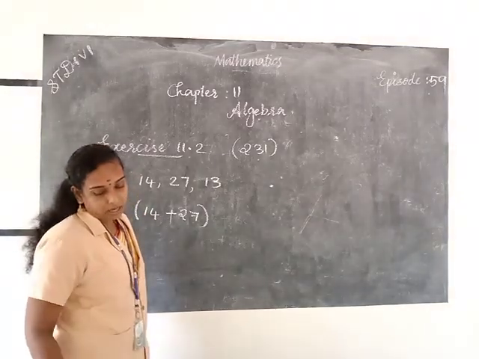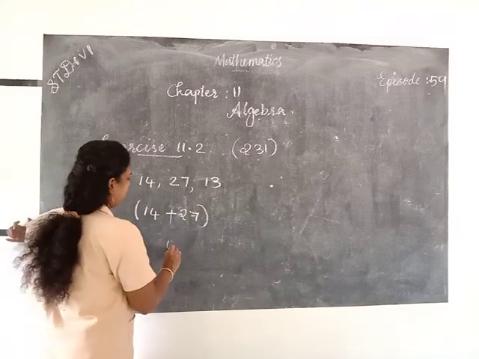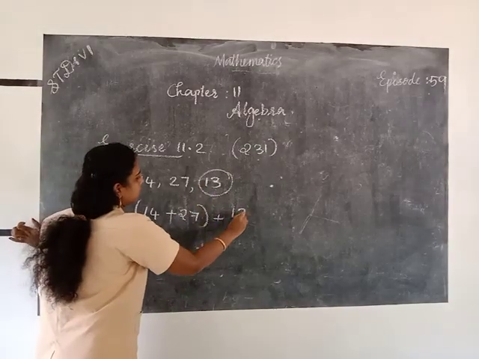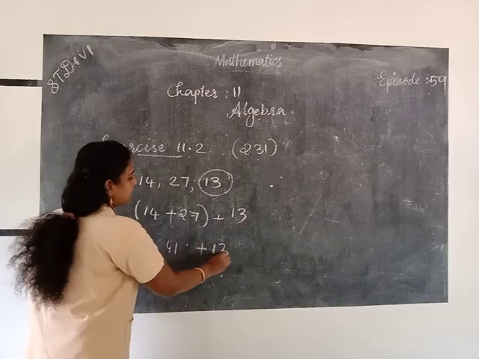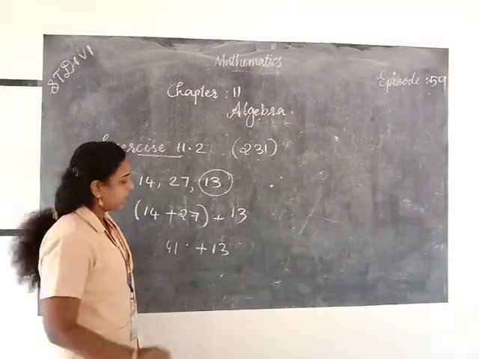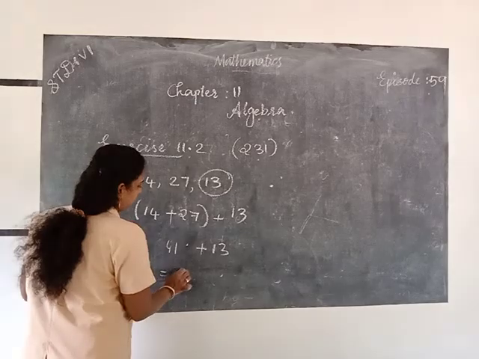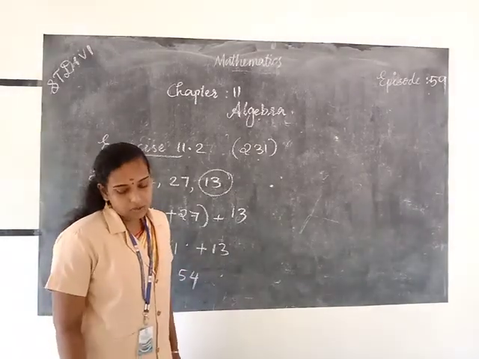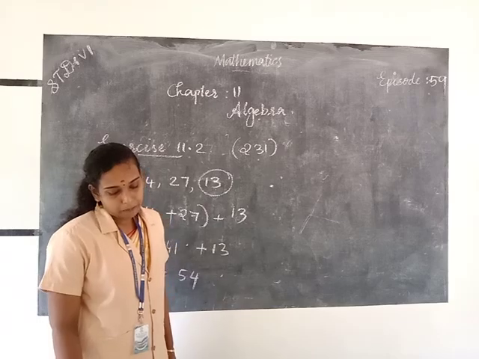We get 14 plus 27, we get 41. Then we add the next number, that is 13, to the result. Then we get 54.